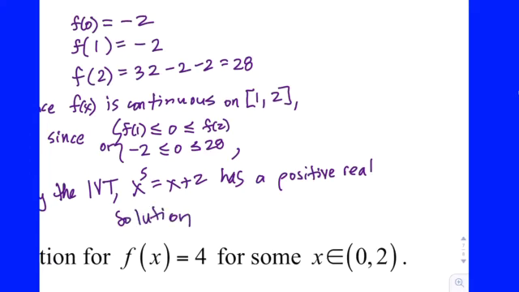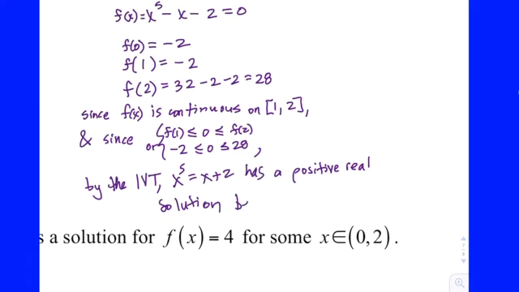And you can even add something here. You could say between x equals 1 and x equals 2. That last part is not really needed, but it is kind of nice to include it.